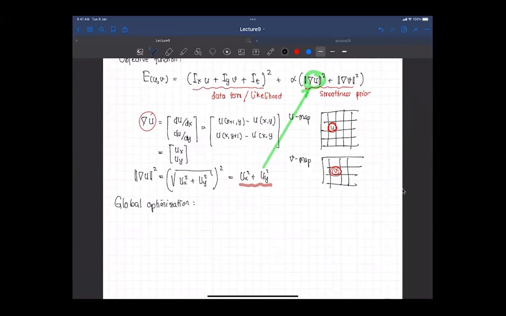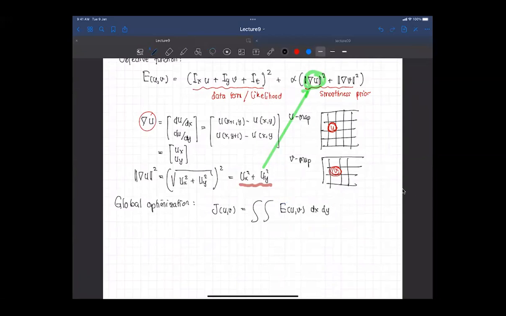What we want is J(u,v), where J is the error function of u and v for the whole E(u,v). So it's actually a double integral.